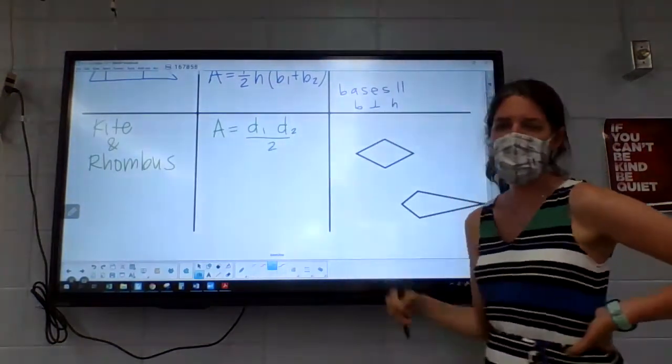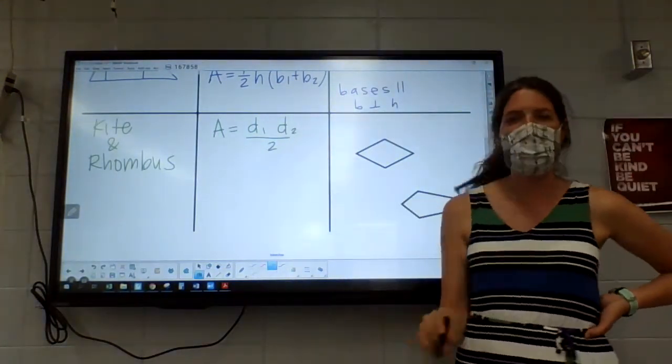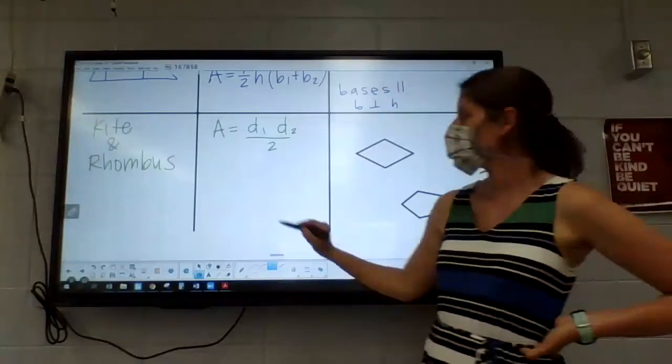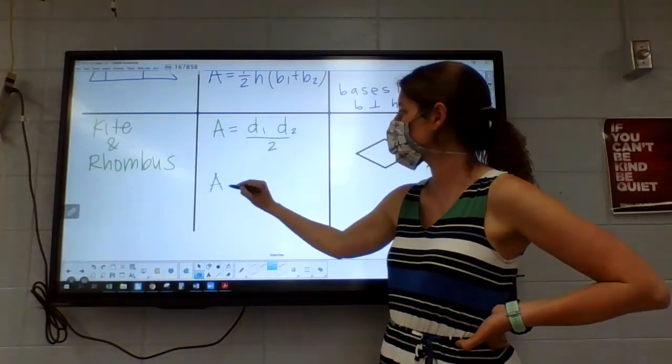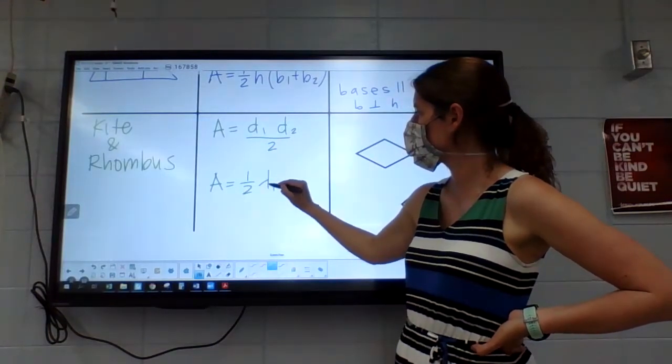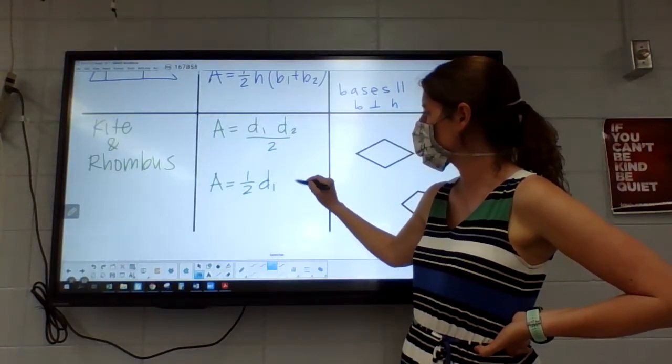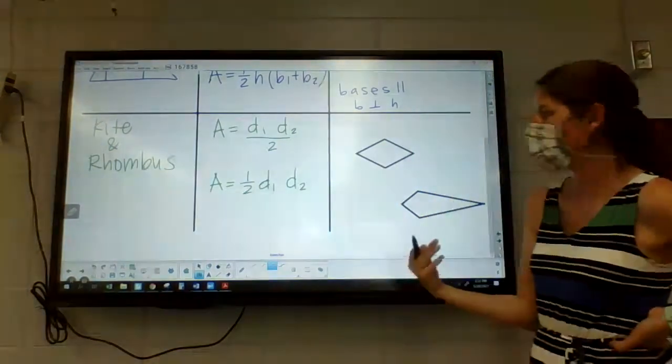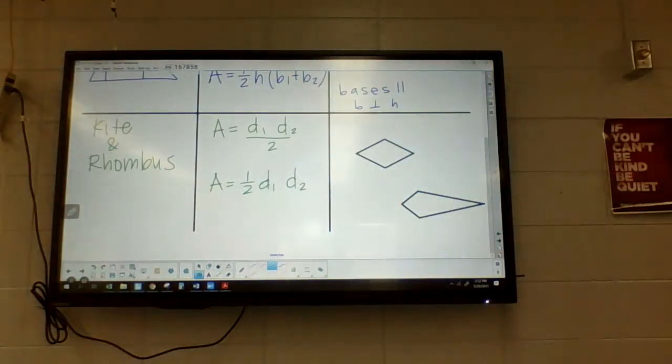So it's D1 times D2, that should be a little dot there, divided by 2. Or just 1/2 D1 times D2. And the D1 and D2 are the diagonals.